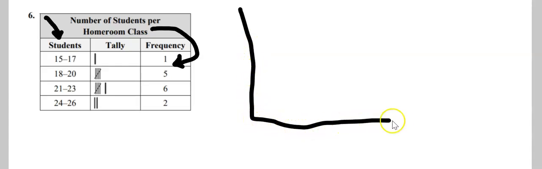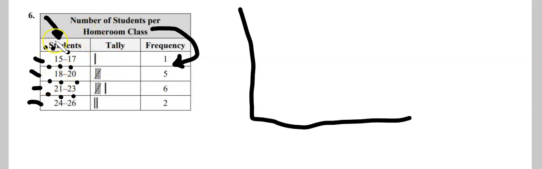So vertical and horizontal. So my intervals are from 15 to 17, 18 to 20, 21 to 23, and 24 to 26. So we have 15, 16, 17, 18, 19, 20, 21, 22, 23, 24, 25, 26. You notice that there are 3 numbers within each set of the intervals. That is very important.